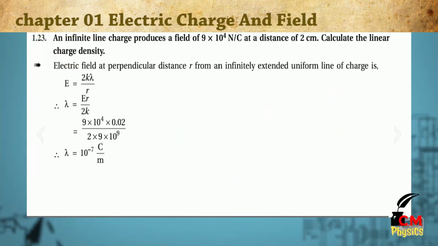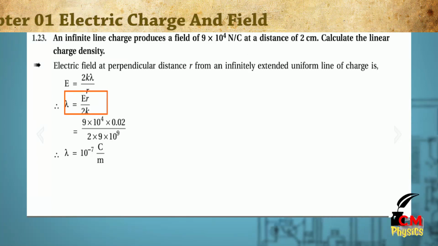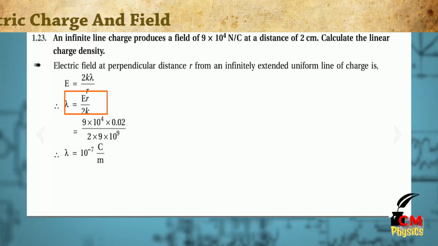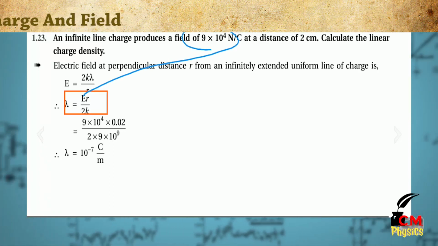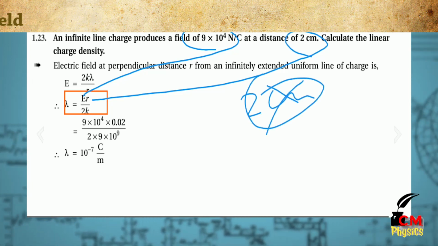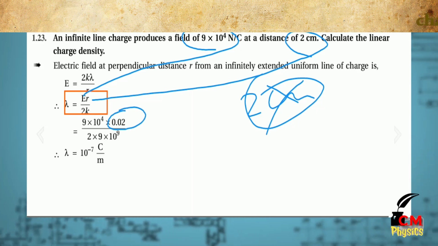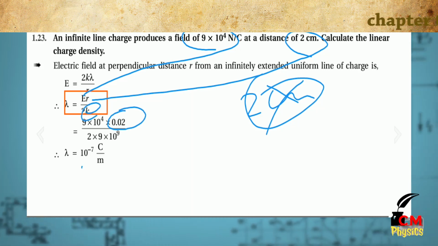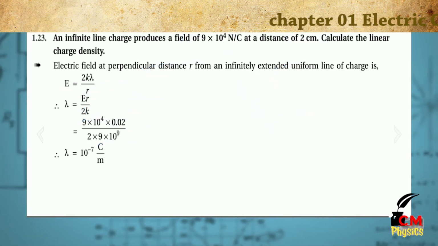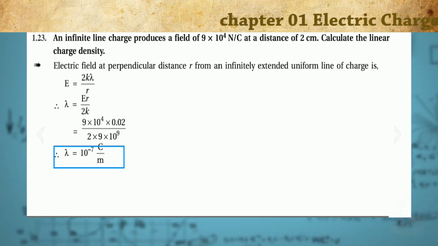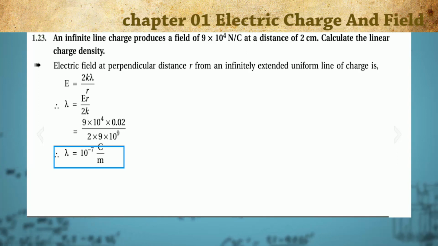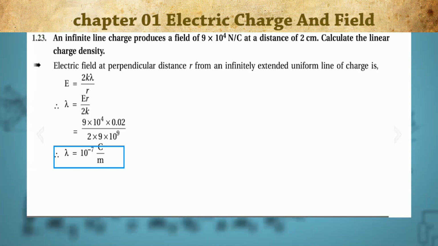The value of E is given, the value of r is 2 centimeter, which converted into meter becomes 0.02, and the value of k is 9 into 10 raised to 9. After putting in all the values, we get lambda is equal to 10 raised to minus 7 coulomb per meter.